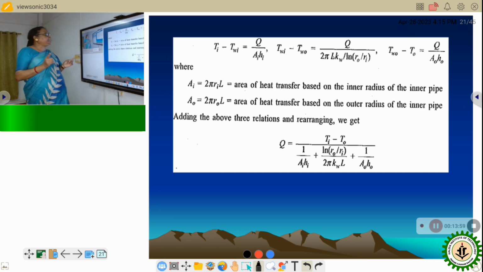So adding these three equations, we can rearrange this as Q is equal to delta T, that is Ti minus To, the inner temperature minus the outer temperature, divided by 1 by Ai hi plus ln of Ro by Ri divided by 2 pi Kw L plus 1 by Ao ho.